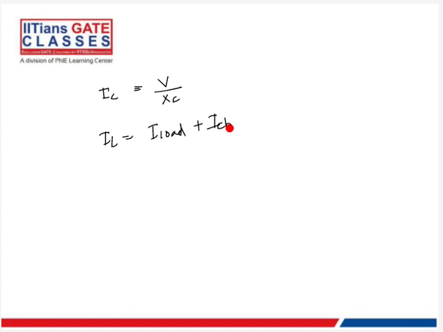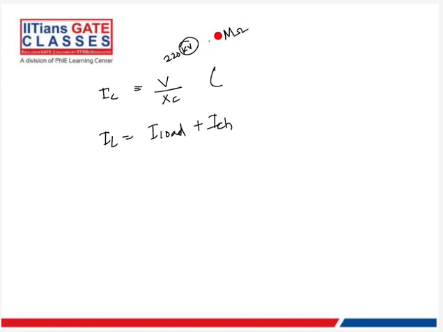Sorry. Okay, right. So I load is ICH, right? IC is going to be very small, because if you see VS, it will be in terms of 220 kV, in terms of kV, right? And XC will be in terms of megaohms, right?